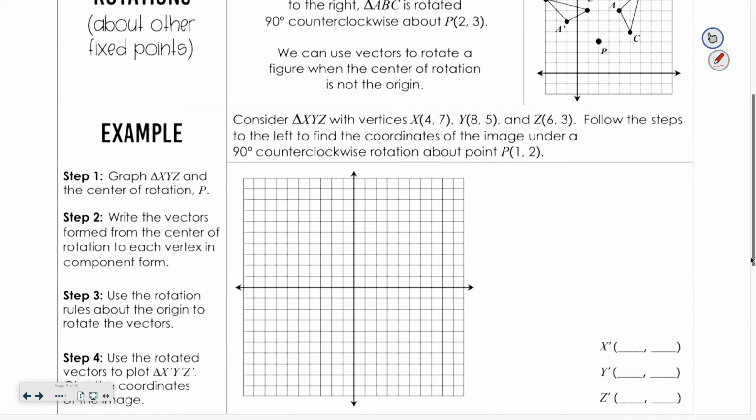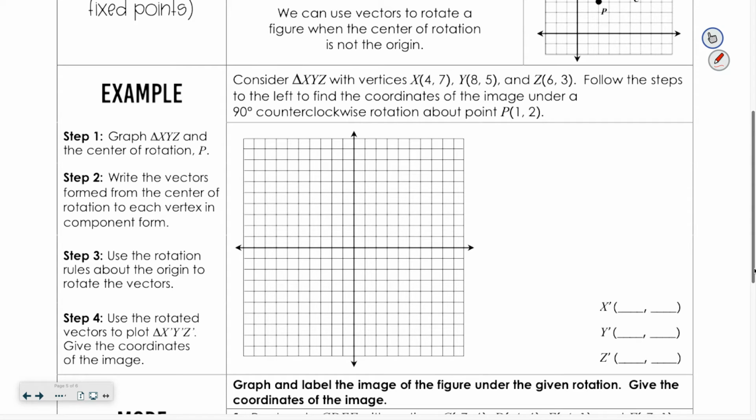All right, so they gave you this really big graph and all this room. Consider triangle XYZ with vertices X, Y, and Z. Follow the steps to the left to find the coordinates of the image under a 90 degrees counterclockwise rotation about the point 1, 2.